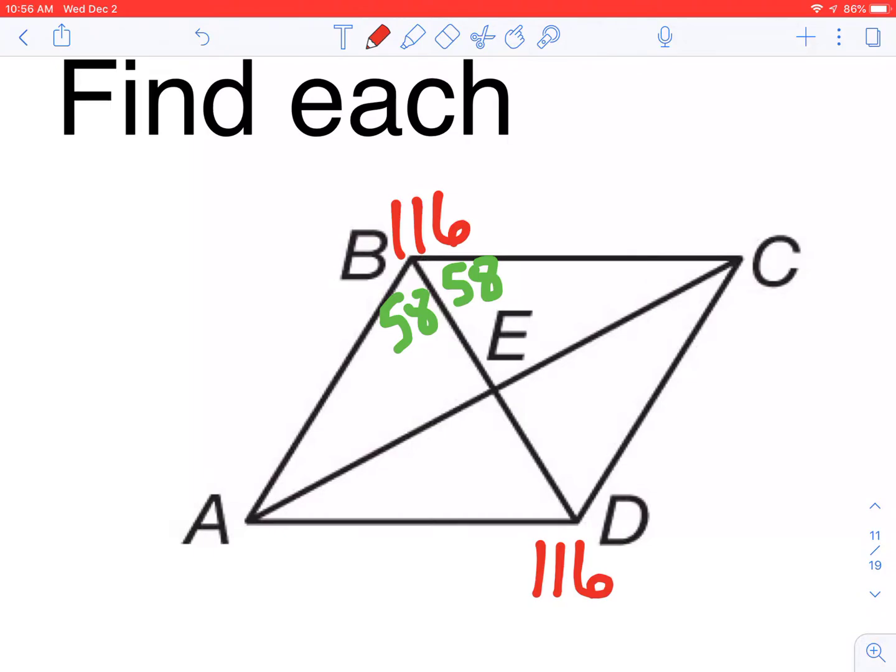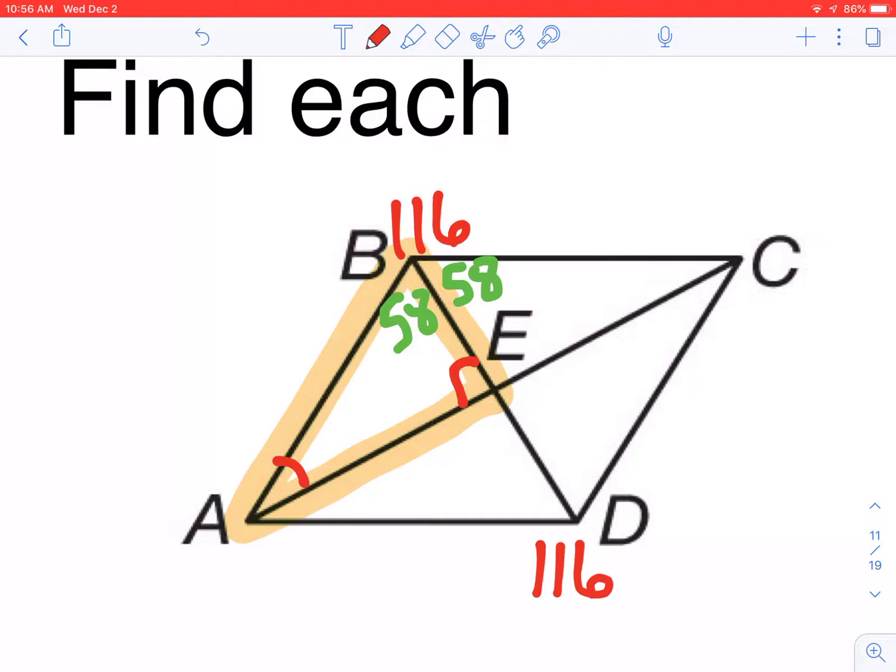Actually, I can stop there. This is going to be 90. And now if I use my highlighter, you guys can see this is a triangle. So I can find EAD, no problem, which is the same angle as right here.